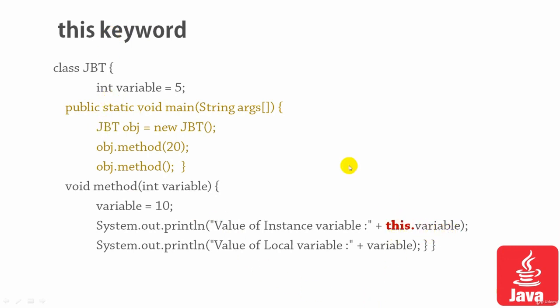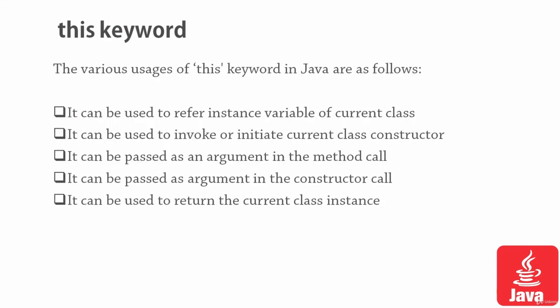It will print the value of class variable, which will be displayed as 5 here. And if we want to print a local variable, we just simply need to write the variable name. If we write this dot variable name, it will print the value of class variable. So it is a simple use of this keyword.